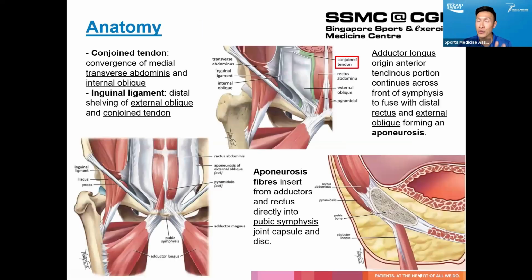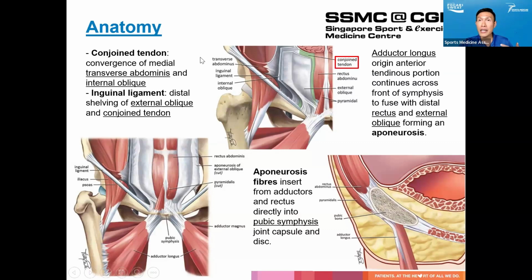Okay, so we did dive into anatomy, and this is crucial to understanding the cause of the pain and the mechanism of injury. So let's go through this. We have this entity called the conjoint tendon, which I have boxed up here in red. We know that the abdominal wall is made of 3 layers: the external oblique, internal oblique, and the transverse abdominis.